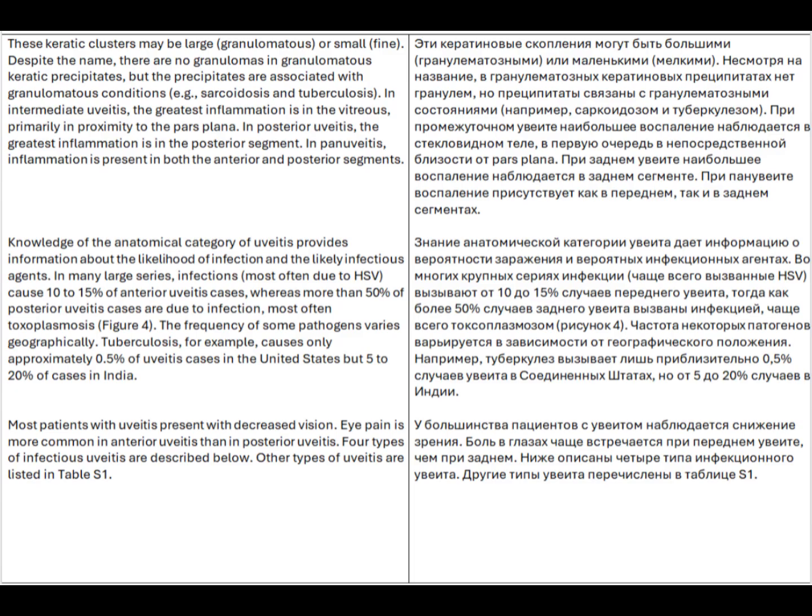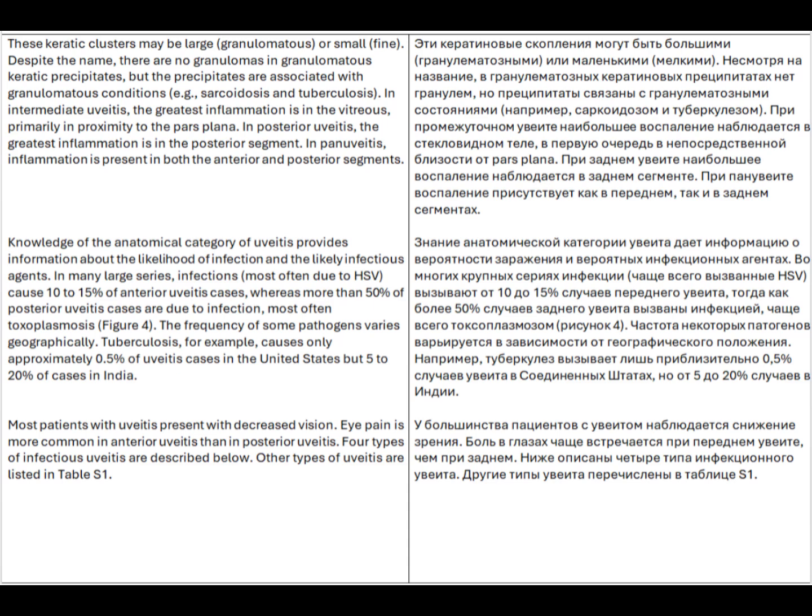sarcoidosis and tuberculosis. In intermediate uveitis, the greatest inflammation is in the vitreous, primarily in proximity to the pars plana. In posterior uveitis, the greatest inflammation is in the posterior segment. In panuveitis, inflammation is present in both the anterior and posterior segments.